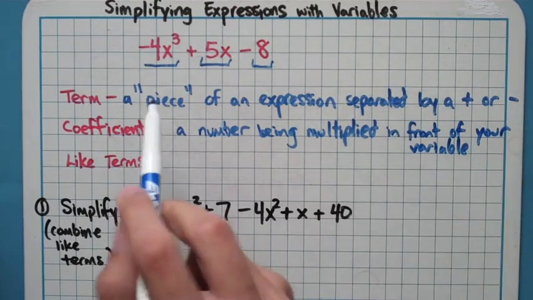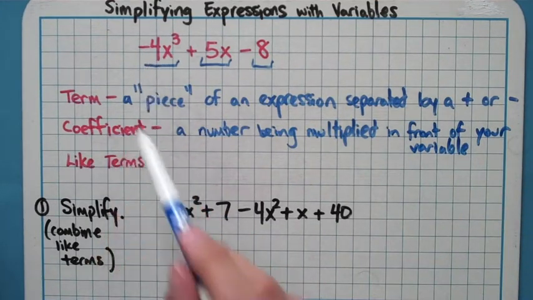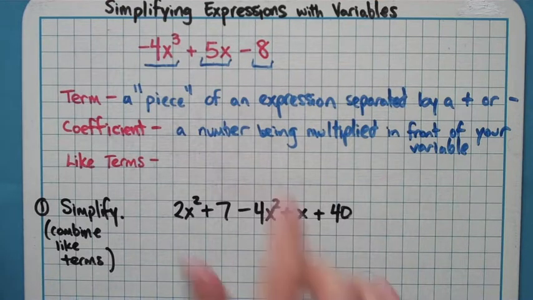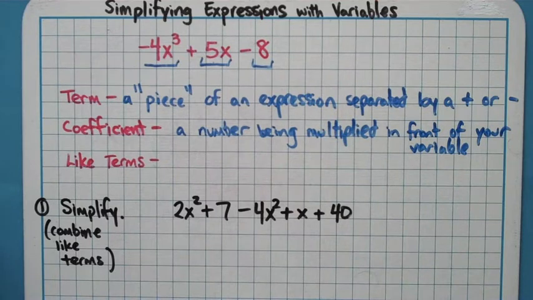So on this guy right here, -4 would be my coefficient for the x to the third, 5 would be my coefficient on my x, and 8, I suppose you could argue, there is technically a variable there, but we won't worry about that now. You can think about it as a coefficient if you like, or you can just treat it like a number right there.